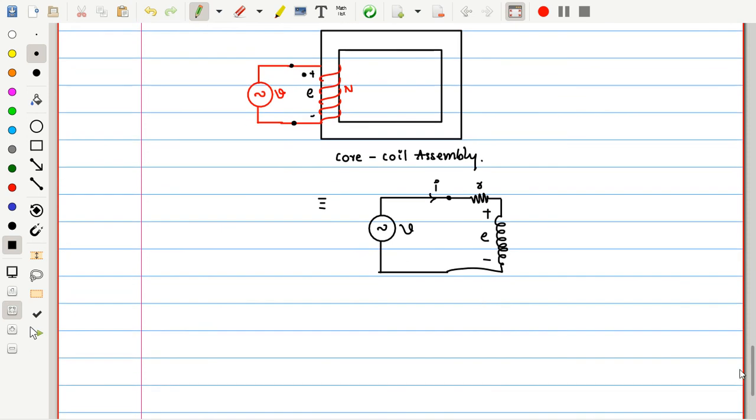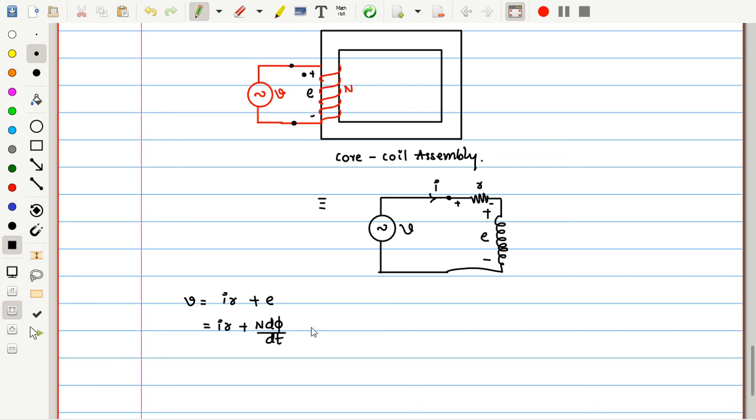Now can I apply KVL for this circuit? Voltage V is equal to I into R, the voltage across the resistance, plus the induced EMF E. Now IR plus E, I can write as IR plus N into d phi by dt according to Faraday's law.